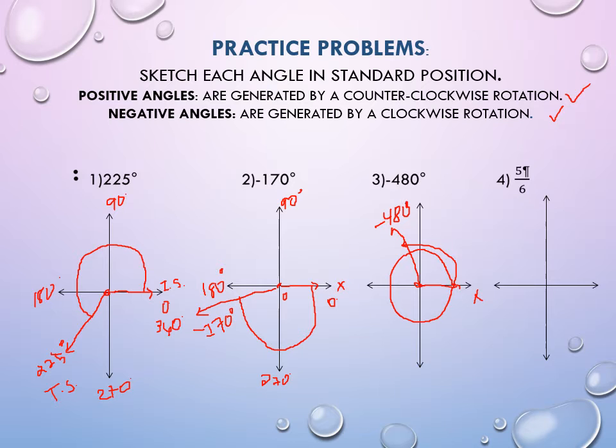Now, not every time are we going to have angles in degrees. We can also have them in radians. Our common denominator here is 6. That means I have 0 degrees, I have 2 pi here, I have pi halves.